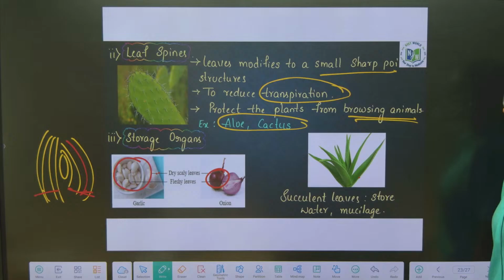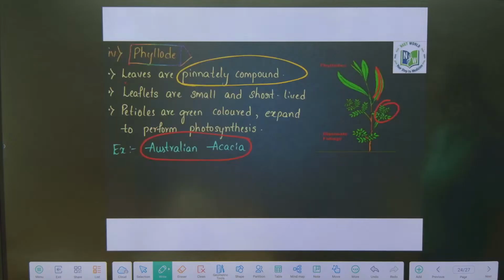Next is storage organs and succulent leaves. Phyllodes. Pinnately compound, leaflets are small and short-lived.